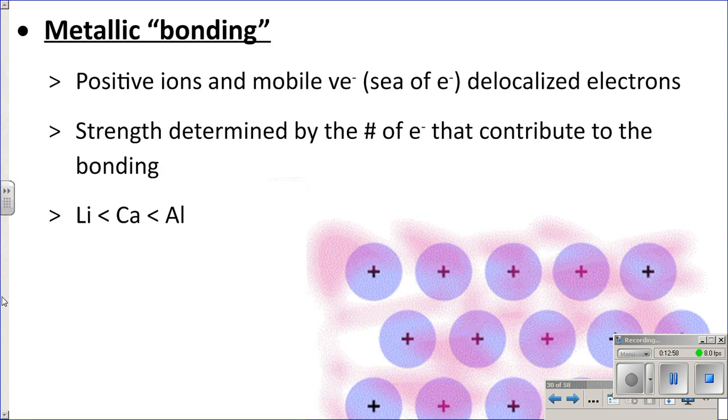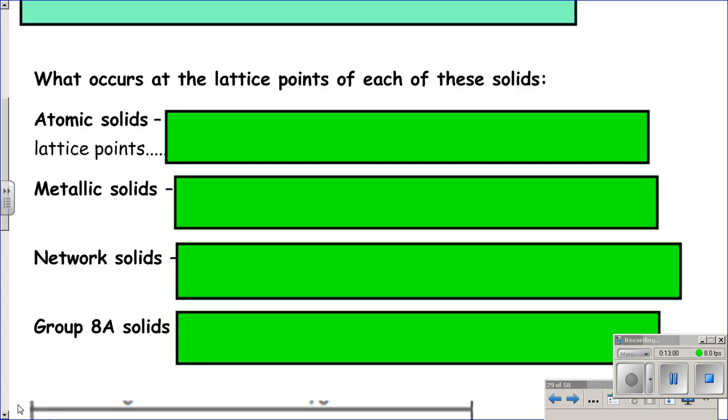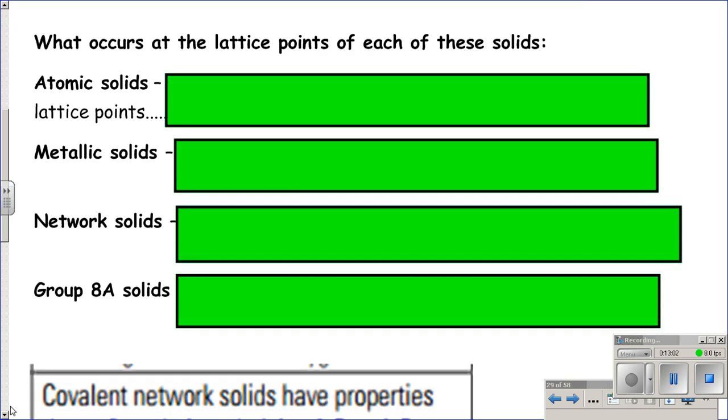Oh, down here. What are at the lattice points? You guys did reading guide 3, I think, for the solids. So here, what are the lattice points, meaning the corners of the cubic structure?